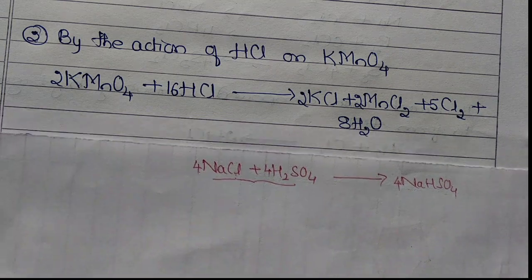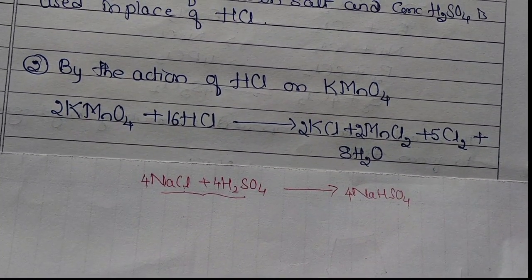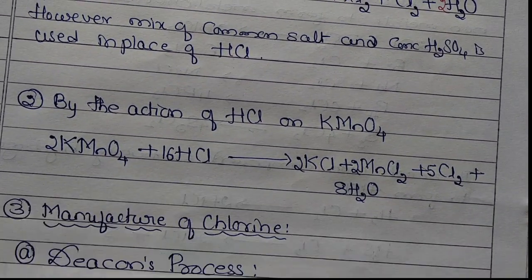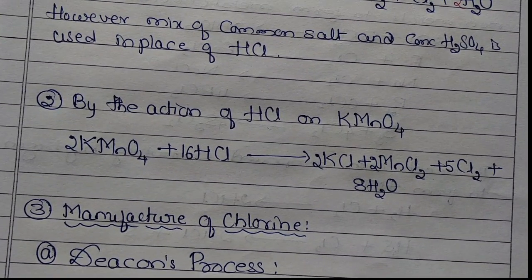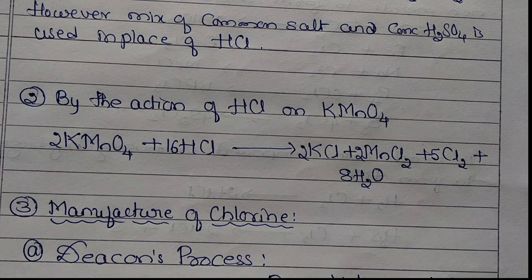By the action of HCl on KMnO4, the reaction is 2 KMnO4 plus 16 HCl gives 2 KCl and 2 MnCl2 and 5 Cl2 plus 8 H2O. So this is the second method, the preparation with KMnO4.